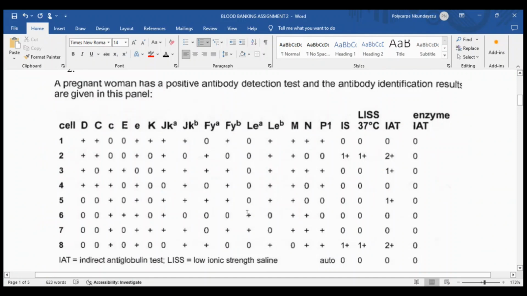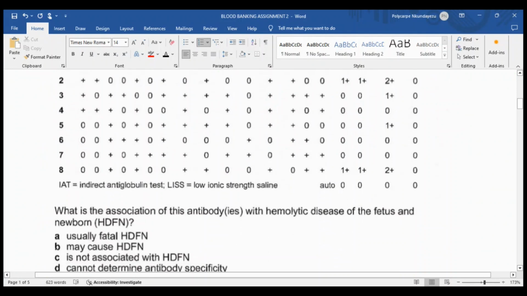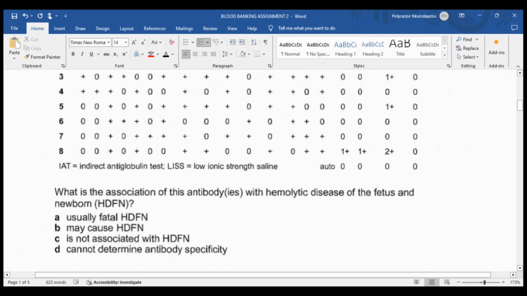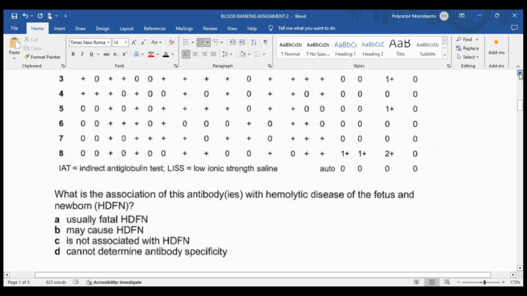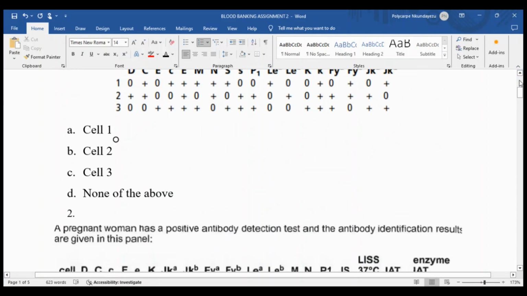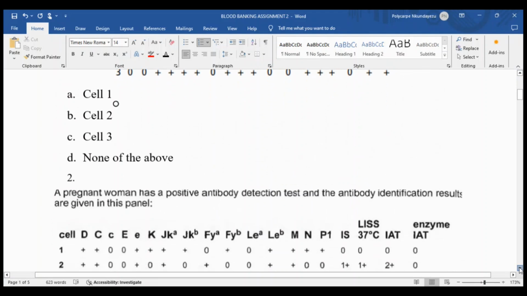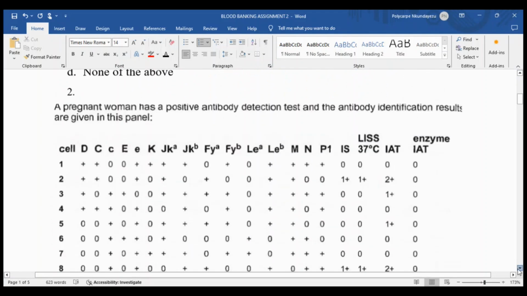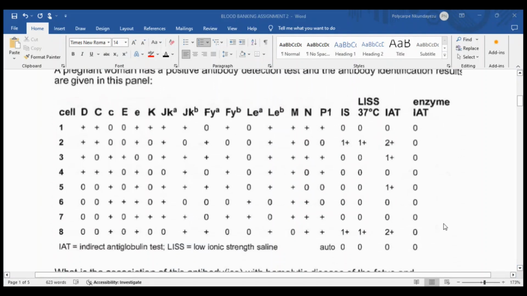Now they are asking, what is the association of these antibodies with hemolytic disease of the fetus and the newborn? So here it is not just a direct answer. First of all, we are going to find which antibody or antibodies are positive on this antibody identification panel of cells, and what is the association of this antibody with hemolytic disease of the fetus and the newborn?